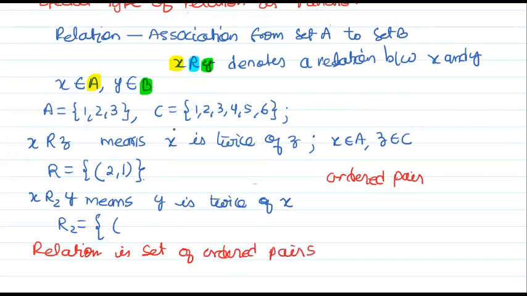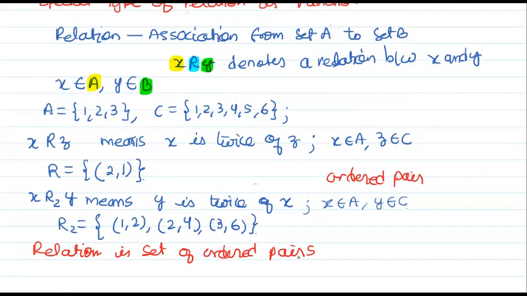And the first element is from set A, and you have to define also that X belongs to set A and Y belongs to set C. Then you can define it like (1, 2), (2, 4) and (3, 6).